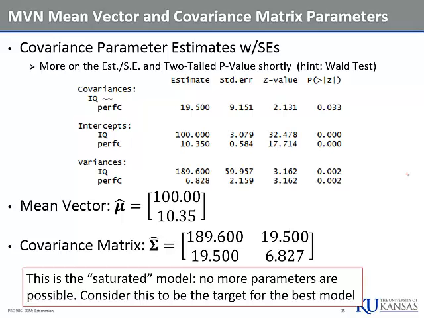Because nothing can fit better than the saturated model. It has the most parameters, it is the best fitting of everything that you could have for this class of model. So lavaan says, well, let's see. Does your model fit as well as the saturated model? That's the question that has to come.